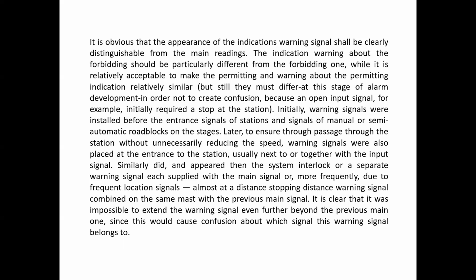Similarly did the interlocking system appear, with a separate warning signal supplied with each main signal, or more frequently, due to the frequent location of signals almost at braking distance, the warning signal combined on the same mast with the previous main signal. It is clear that it was impossible to extend the warning signal even further beyond the previous main one, since this would cause confusion about which signal this warning signal belongs to.